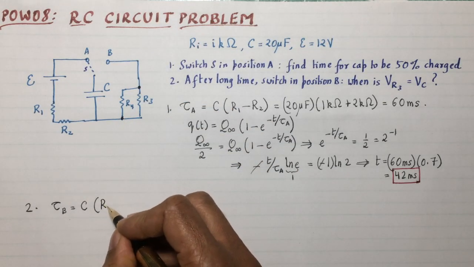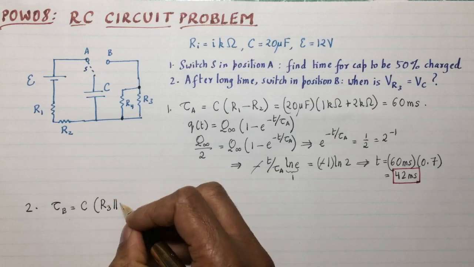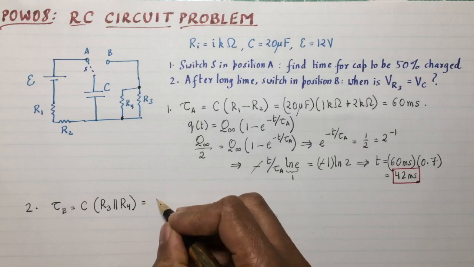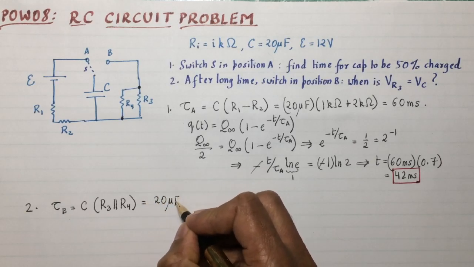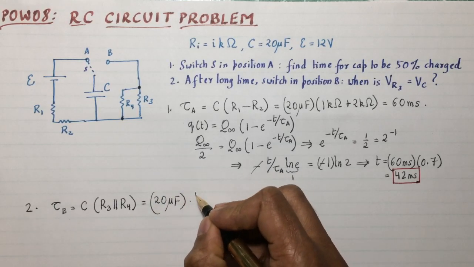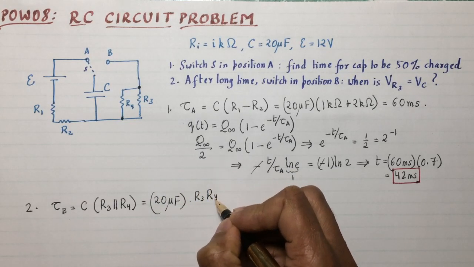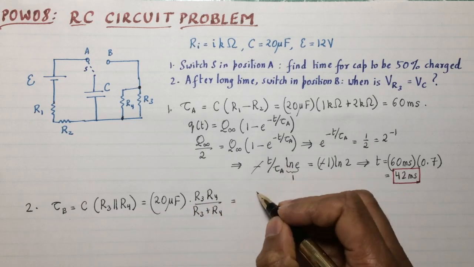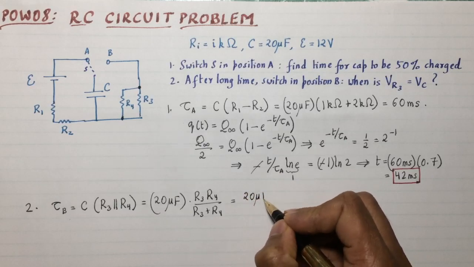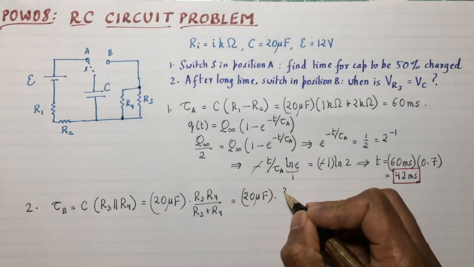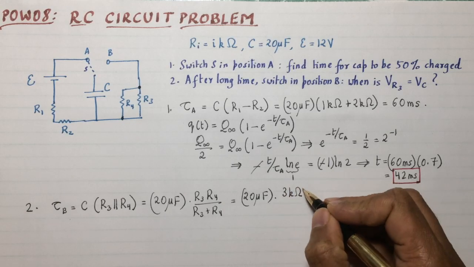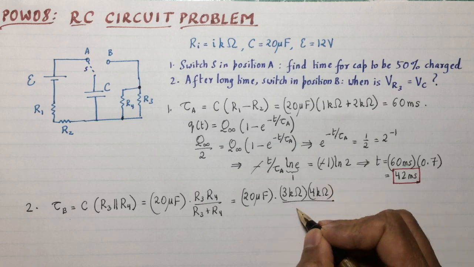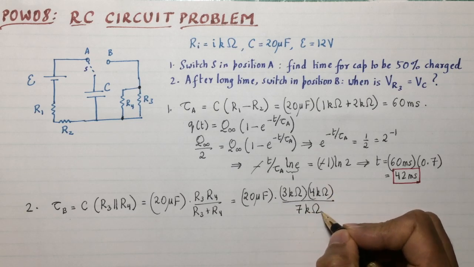Resistors in parallel add harmonically. So I'm going to have 20 microfarads times R3 R4 divided by R3 plus R4. So that's giving me 20 μF times 3 kilo ohms times 4 kilo ohms divided by 3 plus 4, or 7 kilo ohms.